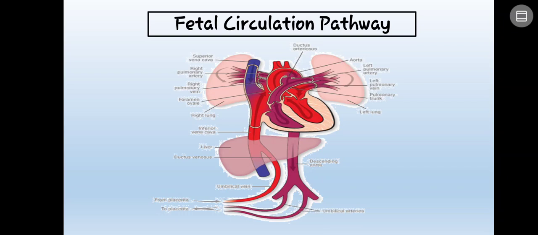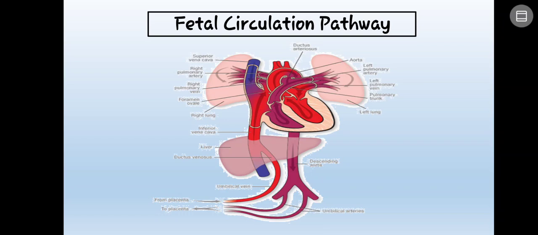The ductus arteriosus, the moment the baby starts breathing, will begin to constrict, and eventually it will close after a few days of the life of the baby, and it also becomes a fibrous remnant, which we call the ligamentum arteriosum.